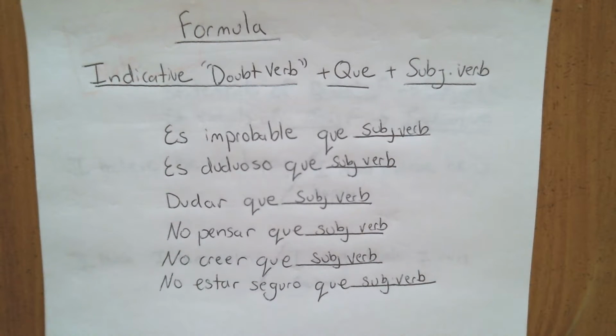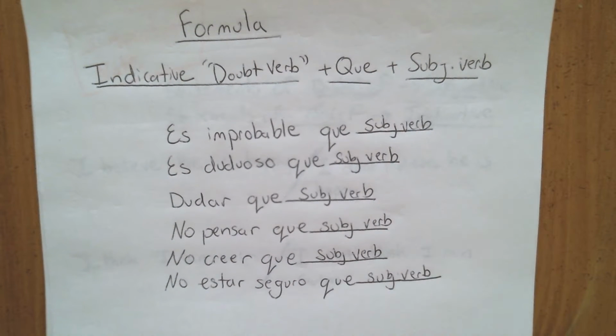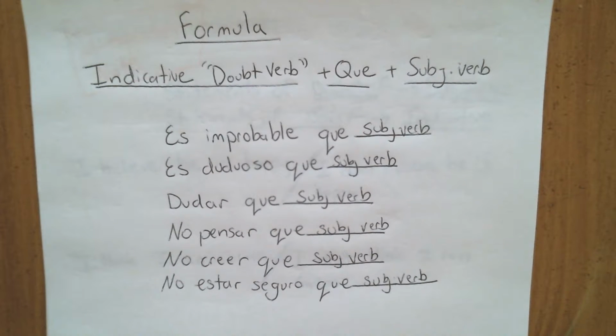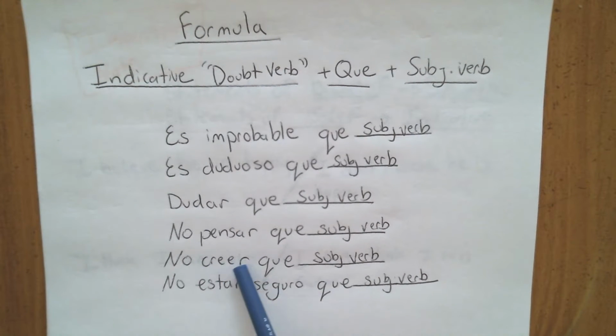No pensar que, which means to not think that. Now you would not literally just put no pensar que and then your subjunctive verb. You would have to conjugate all of these verbs according to who is doubting or who's not thinking, and then just put your subjunctive conjugation after the que. Okay? To not think that, like he doesn't think that, or she doesn't think that, or he doesn't believe that, no creer que, or the other one, no estar seguro que, to not be sure that.